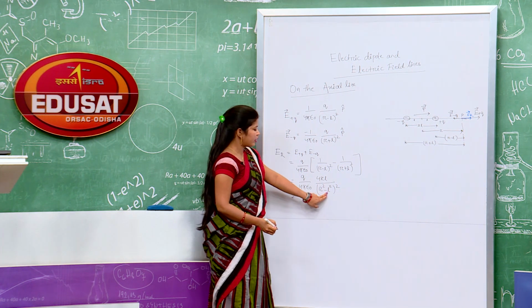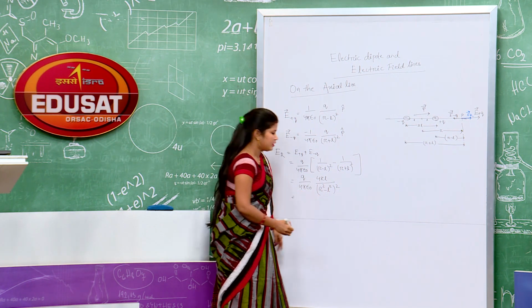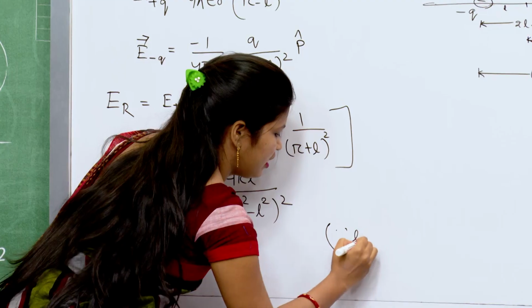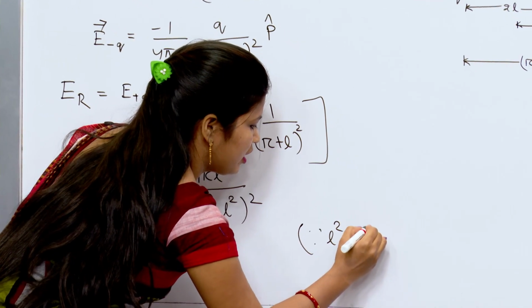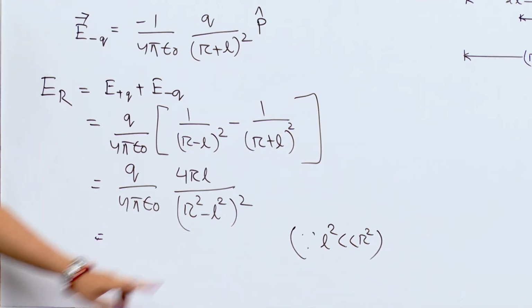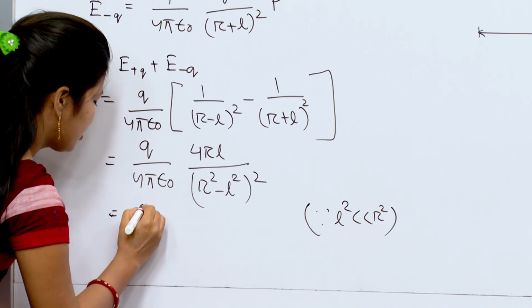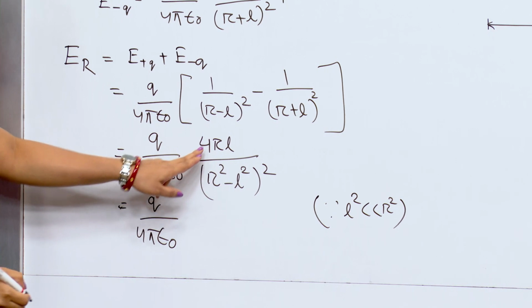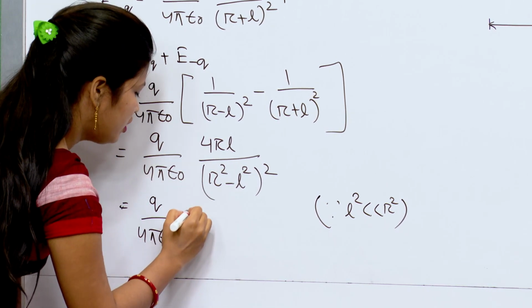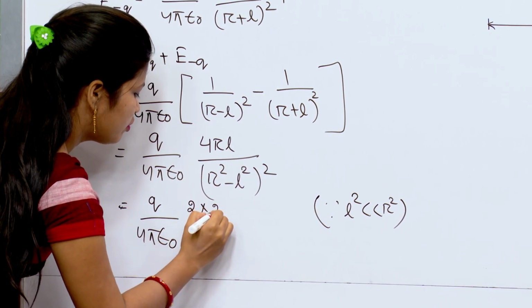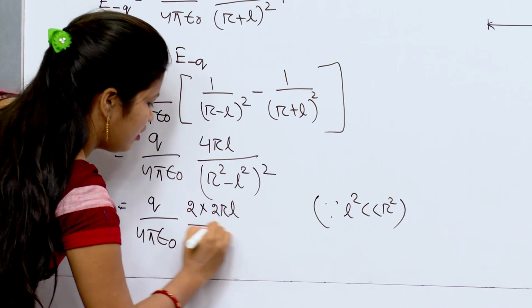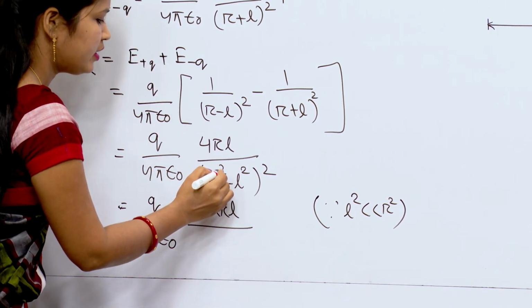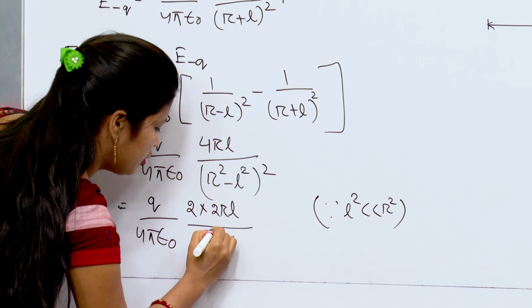As L square is very less than r square, neglecting L square we will get q upon 4 pi epsilon naught. We can write 4, that is 2 into 2 r L upon r to the power 4.